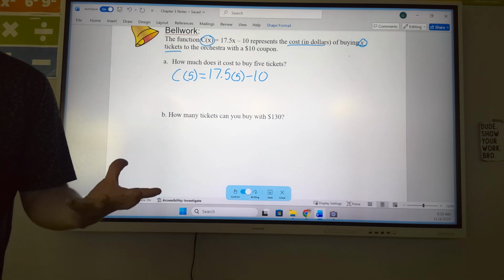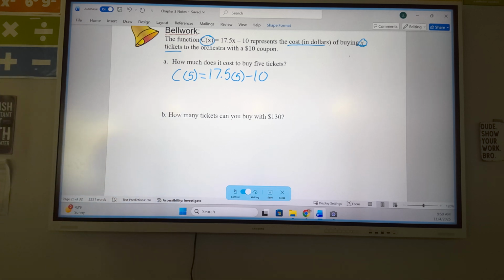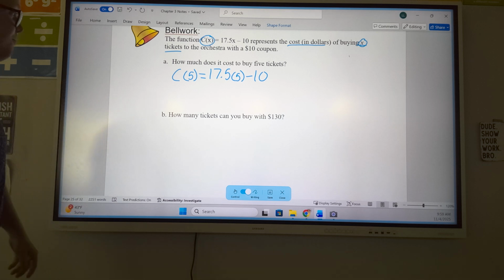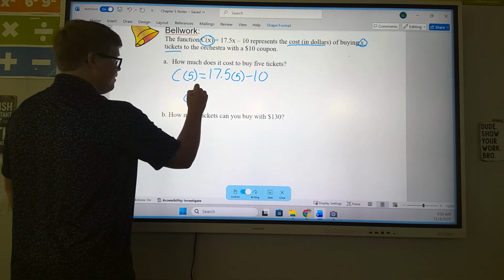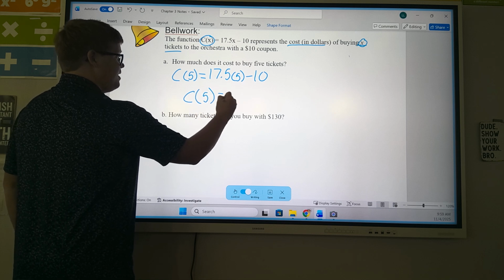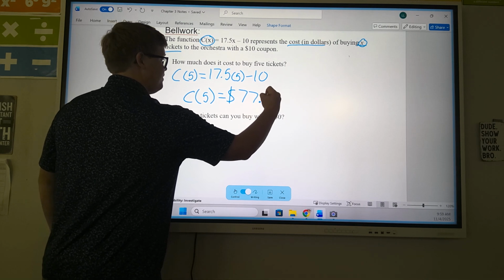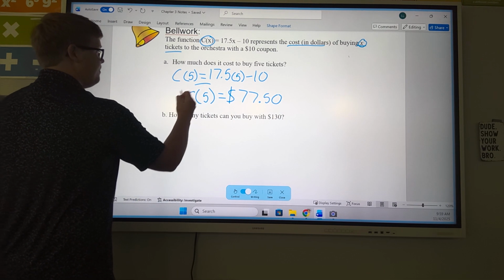We don't necessarily have to put that into the equation because it's already there for us, right? So 17.5 times 5, I believe, is 87.5. 87.5 minus 10 is 77.5. So we know the cost of 5 tickets is $77.50. It's as simple as that.